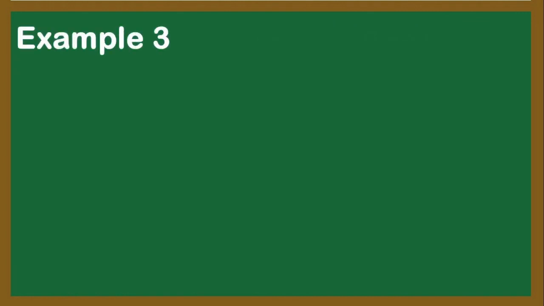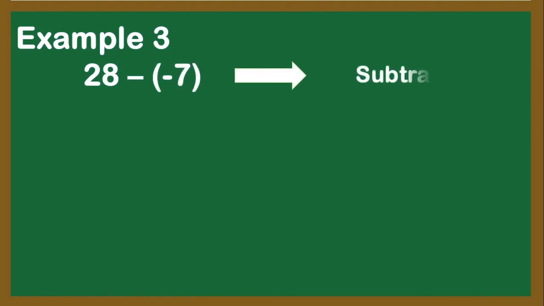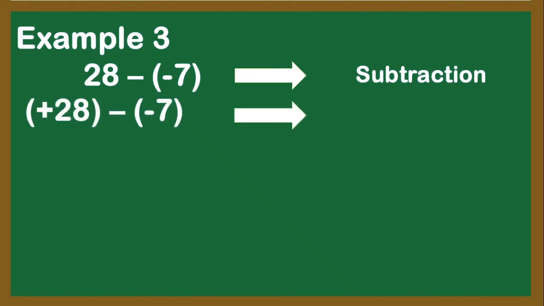Now let us have example number 3. 28 minus negative 7, that is your subtraction sentence, wherein 28 is the minuend and negative 7 is the subtrahend. Then rewriting our sentence, we have positive 28 minus negative 7.